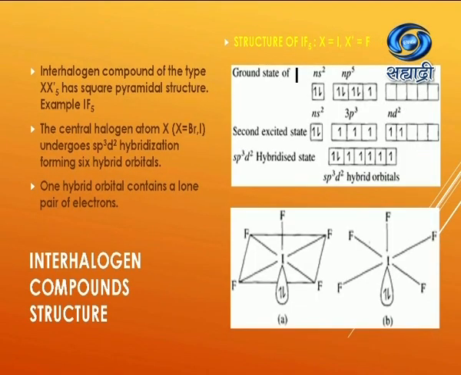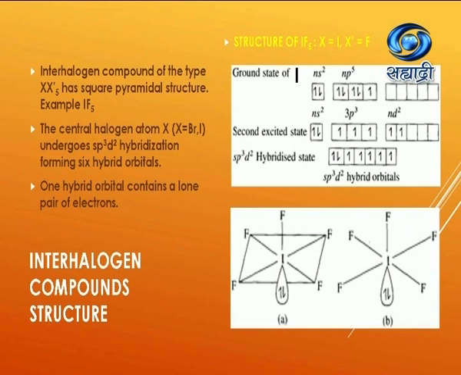The next is the structure of iodine pentafluoride. So here X is I, that is iodine, and X' is fluorine. The ground state of iodine is ns2 np5. Now the first excited state and second excited state give you the configuration ns2, np3, nd2.